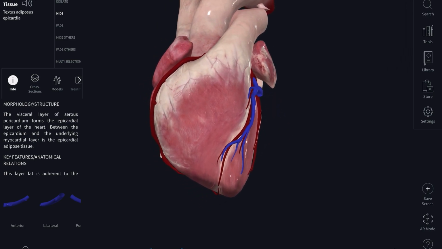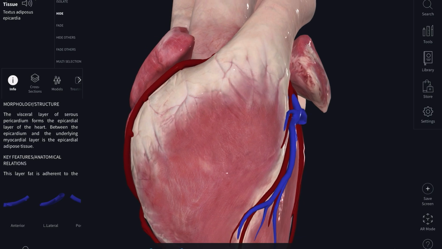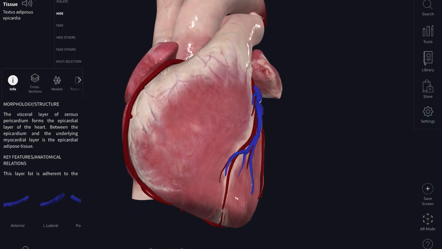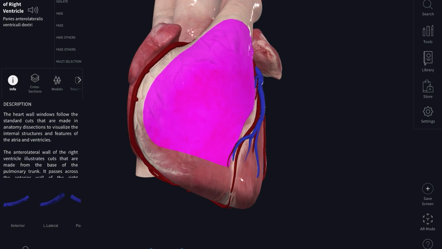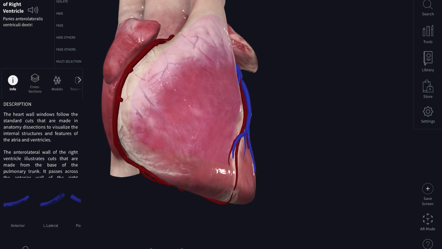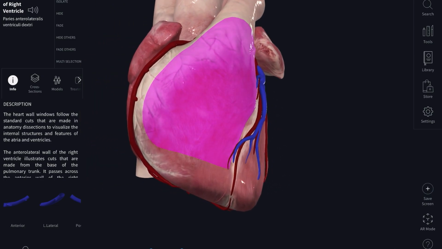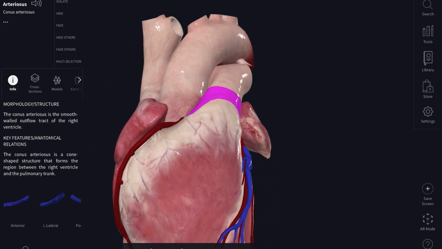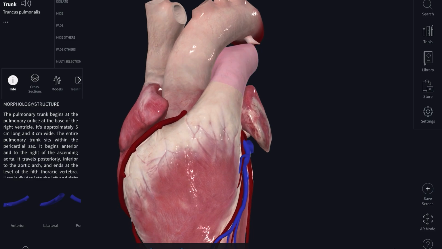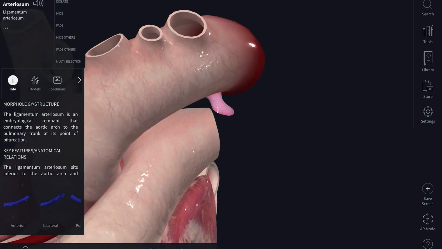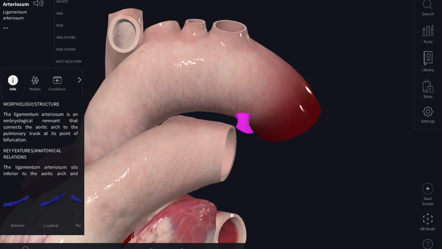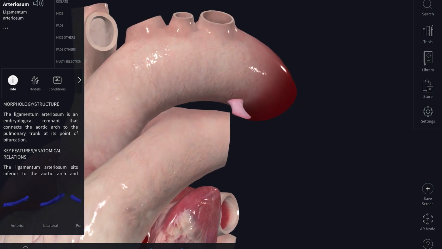Let's just go through the arteries and some of the veins on the outside of this. So what you're looking at right here is going to be your right ventricle. Coming up here, this is going to be your pulmonary trunk, and then this is going to be that ligamentum arteriosum, or ductus arteriosus when you're looking at a fetus.